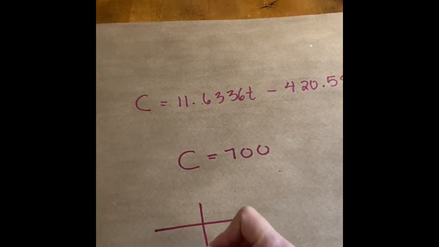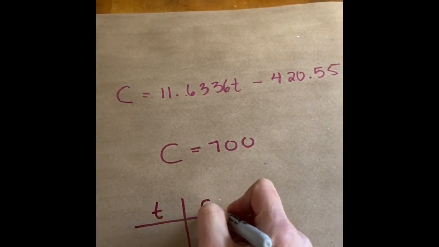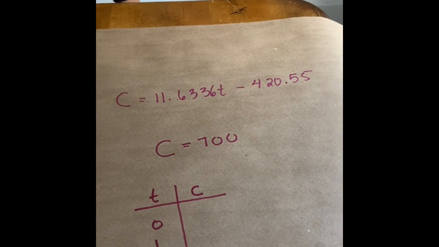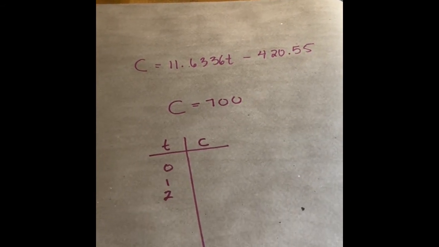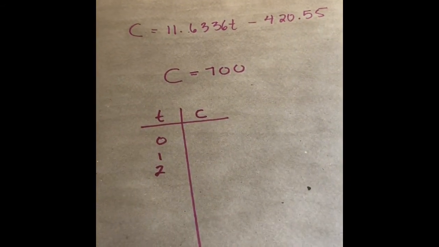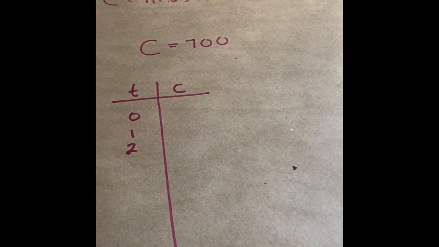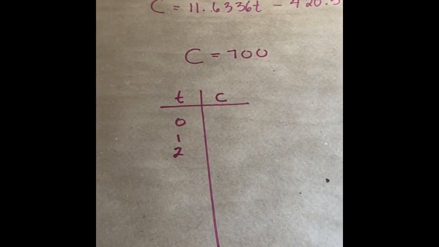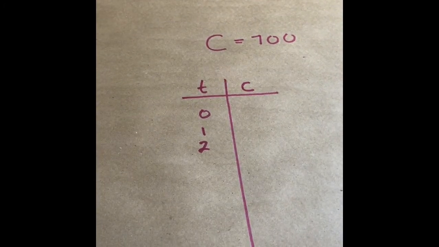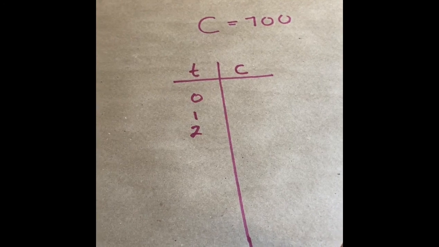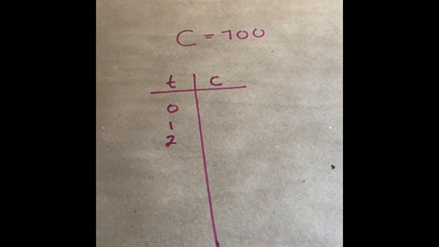Okay, so let's look at a table of values. That means that 0, 1, 2. We don't want to get 700 in the temperature. We want to get 700 in the customers. We know, for example, we just did in the question that when the temperature is 90, there are 626 customers.